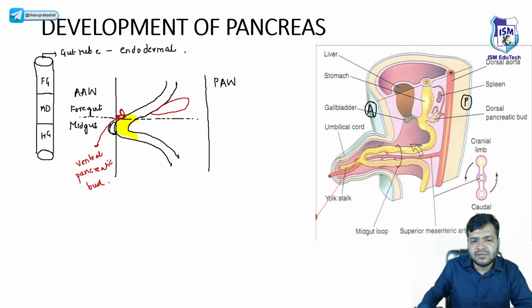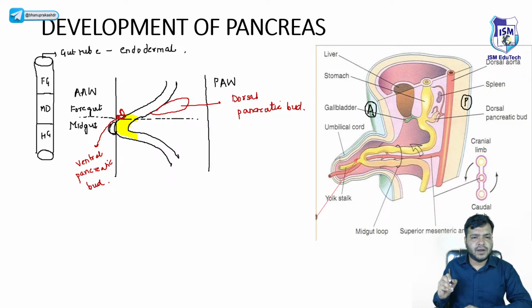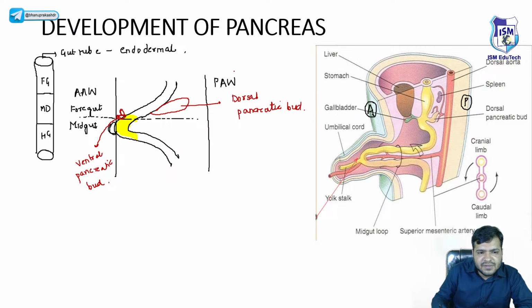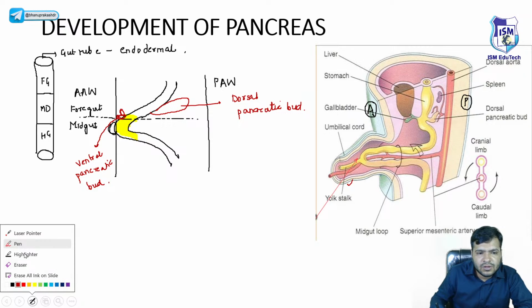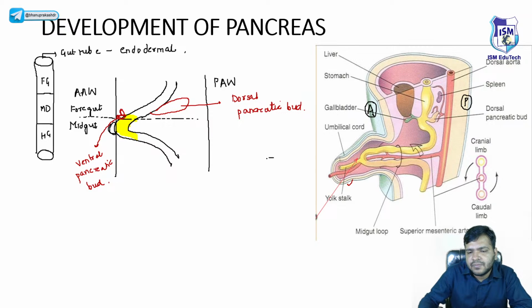Yes, Monica, right? And towards the dorsal part, we have the dorsal pancreatic bud. Dorsal means posterior. In simple terms, if you are shown a tube, suppose this is the foregut, we have a ventral pancreatic bud, and a little above we have the dorsal pancreatic bud.